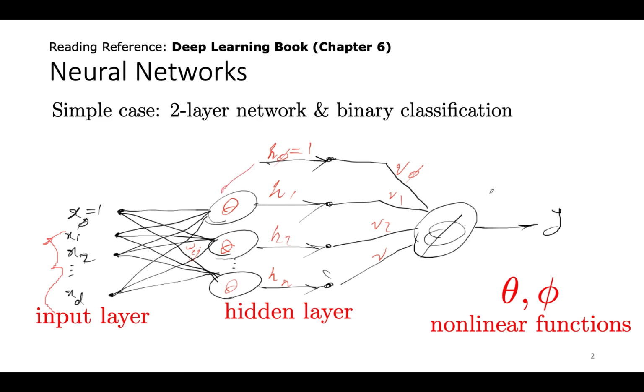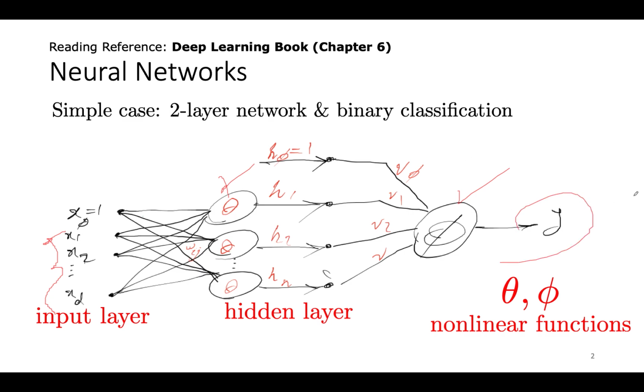Here we were talking about integrating some nonlinear functions. We call it phi or theta, depending on the algorithm and the type of model we were using, and that would be the output.